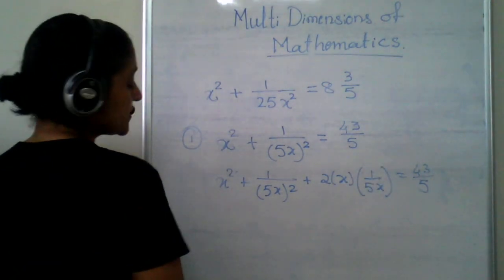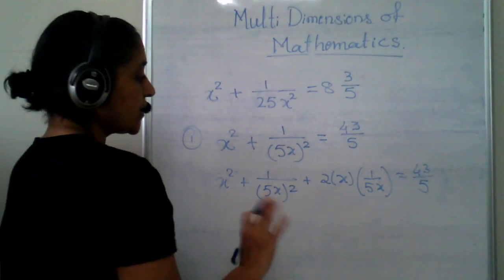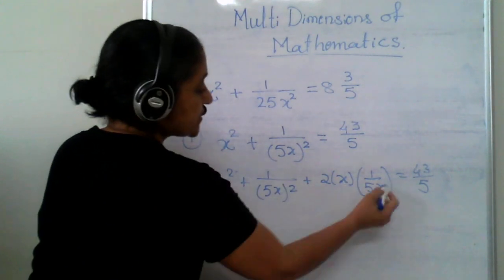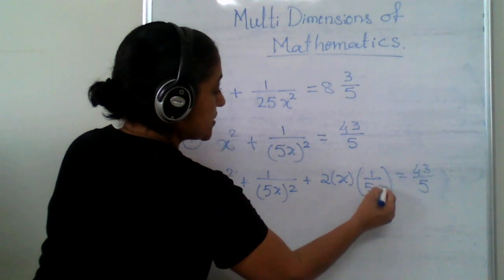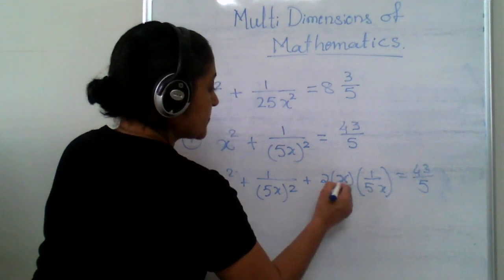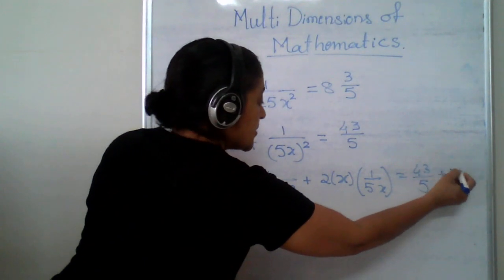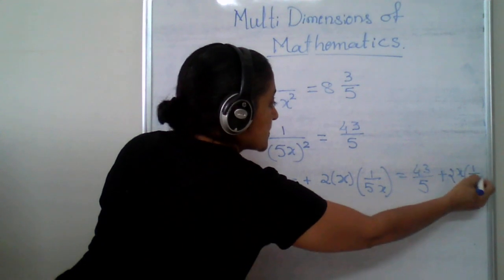Why? Because just adding anything to one side of the equation will not balance the equation. So what happens here is actually x will be getting cancelled, but we are not supposed to do so here. Why? Because we are going to write it as a bracket raised to square. Then what are we supposed to do here? Plus 2 into bracket x 1 upon 5x.